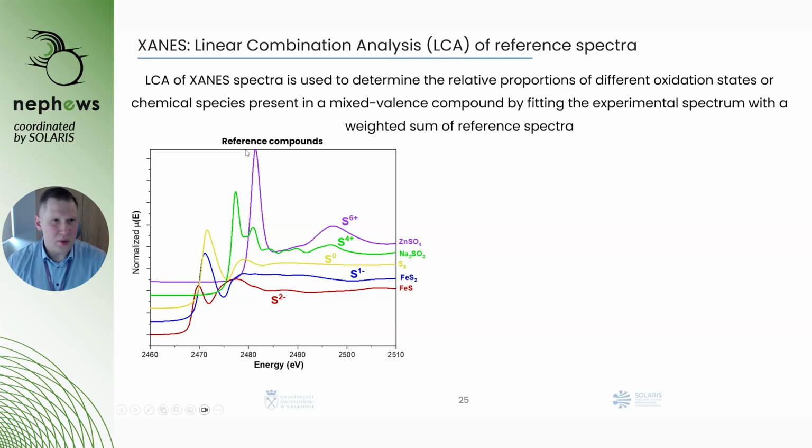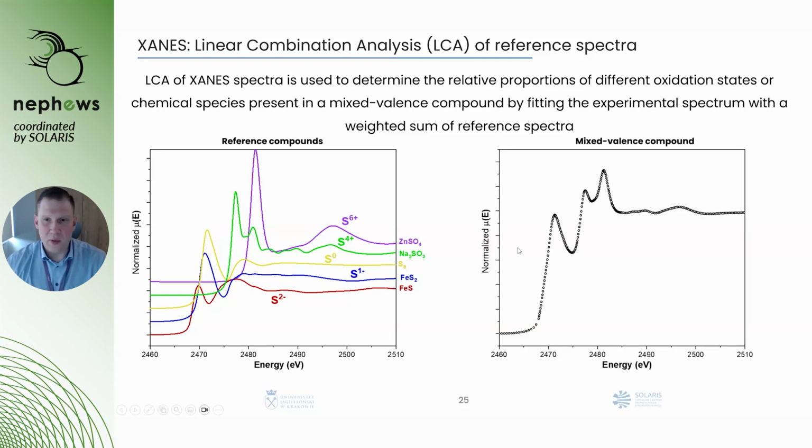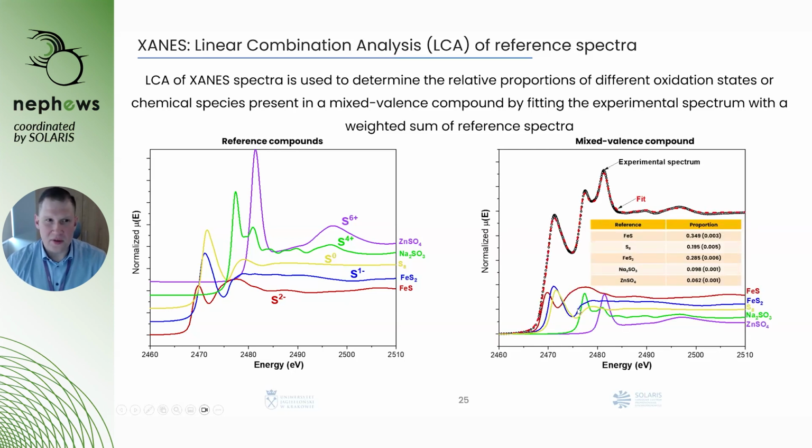For example, here we could see different reference compounds of sulfur, and we could see that each chemical compound has a very unique XANES spectrum. And if, for example, we have a mixed valence compound, we could make a linear combination fitting of such reference compounds, and we could very precisely investigate what the proportion of sulfur atoms is in our mixed valence compound.